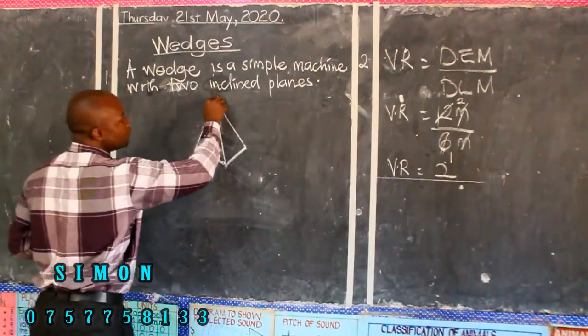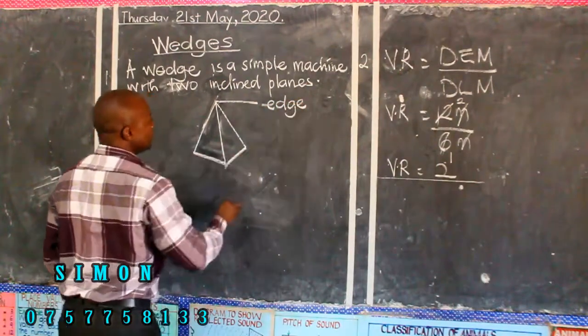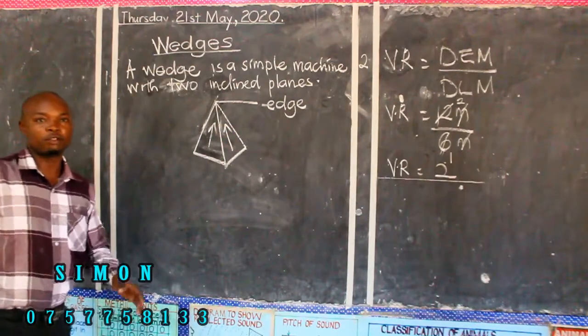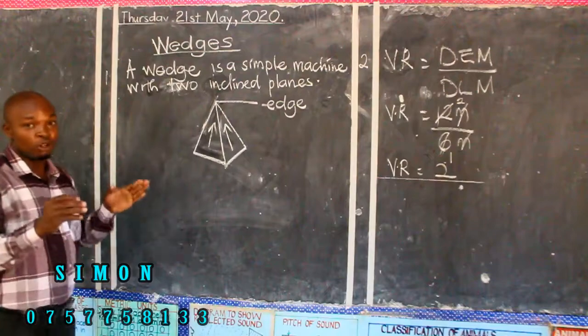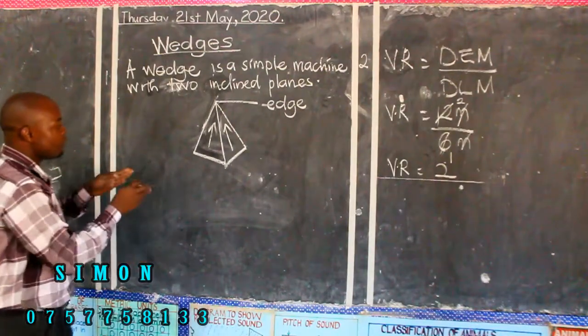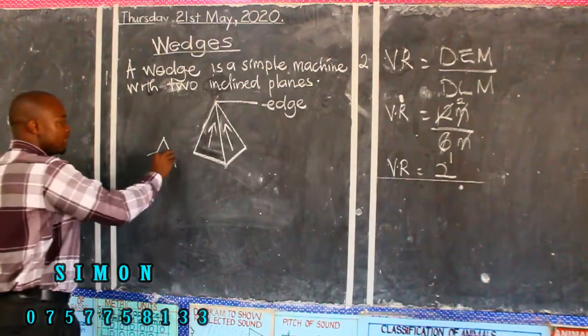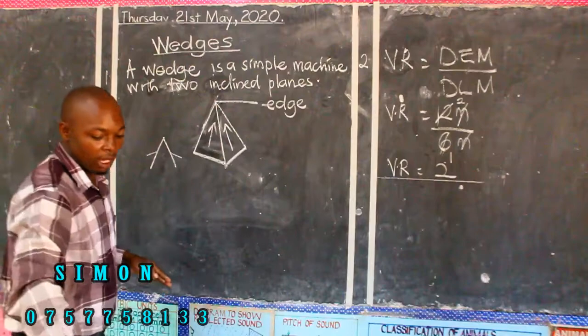And they form what we call an edge. This is going to give us what we call a wedge. 2 sloping surfaces forming an edge. This is one inclined plane, this is another inclined plane. And we are going to make what we call a wedge.